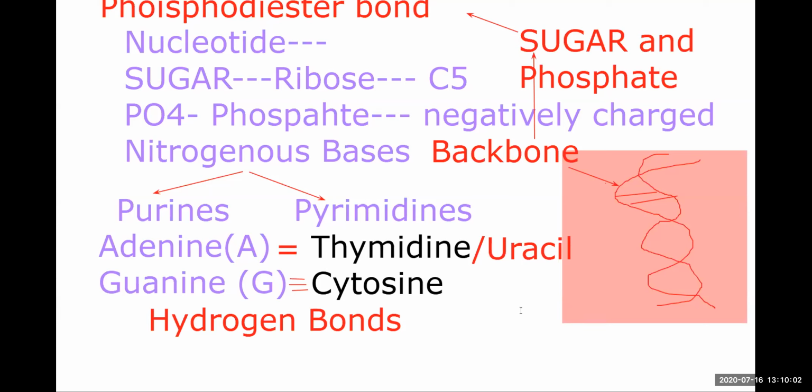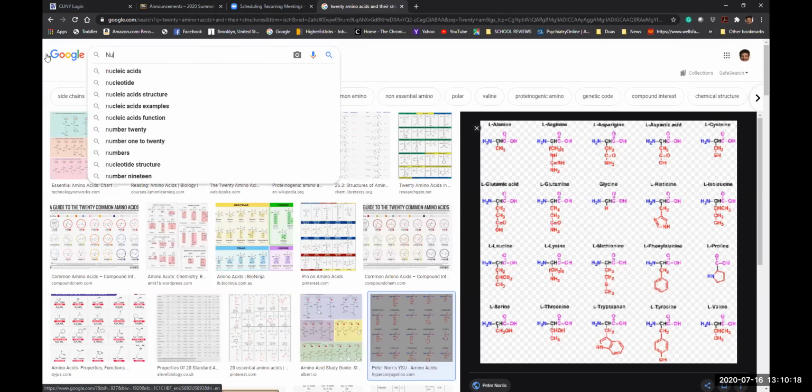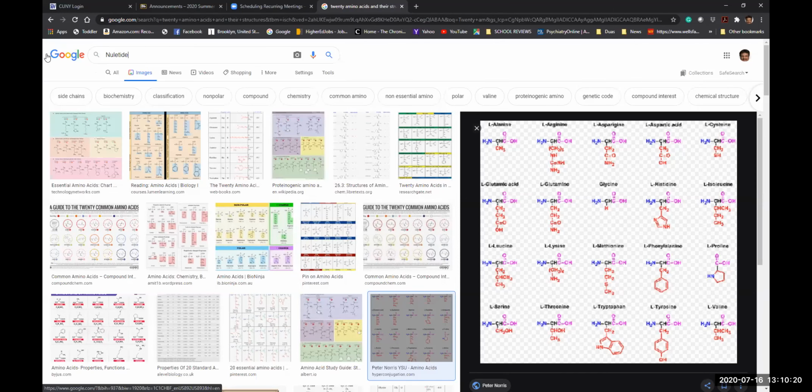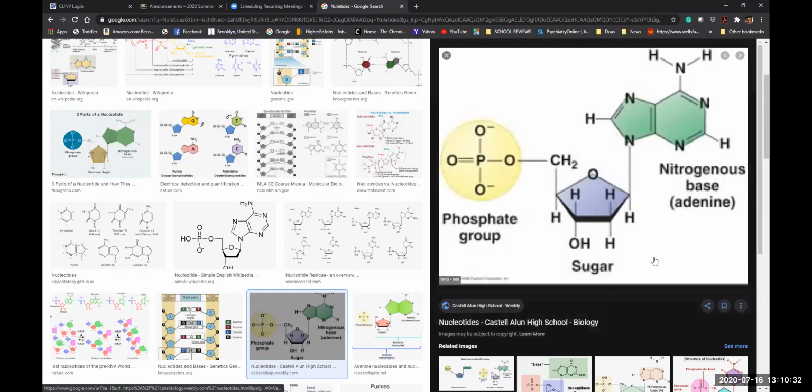Now, I mentioned to you the structure of adenine. It's difficult to draw. I could have drawn it in a face-to-face class, but here, let's look at the structure of nucleotide. If you see this structure, what do you see here?